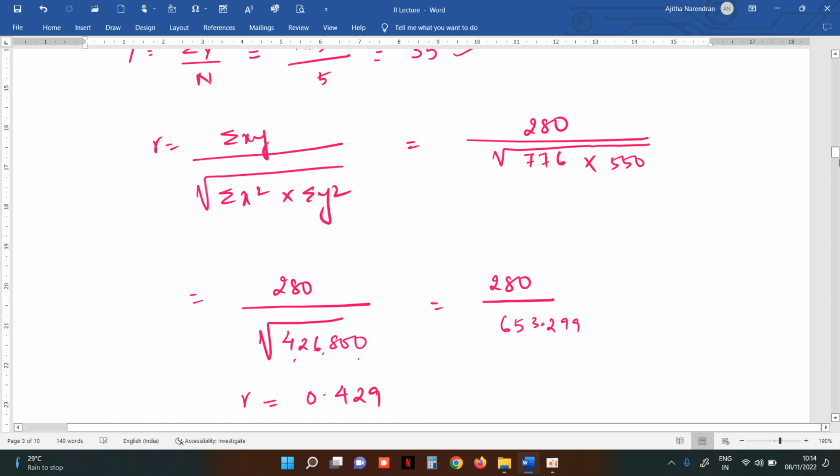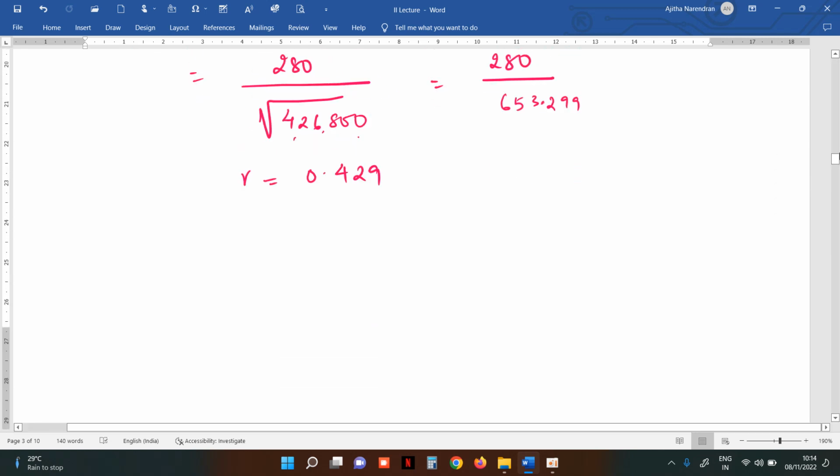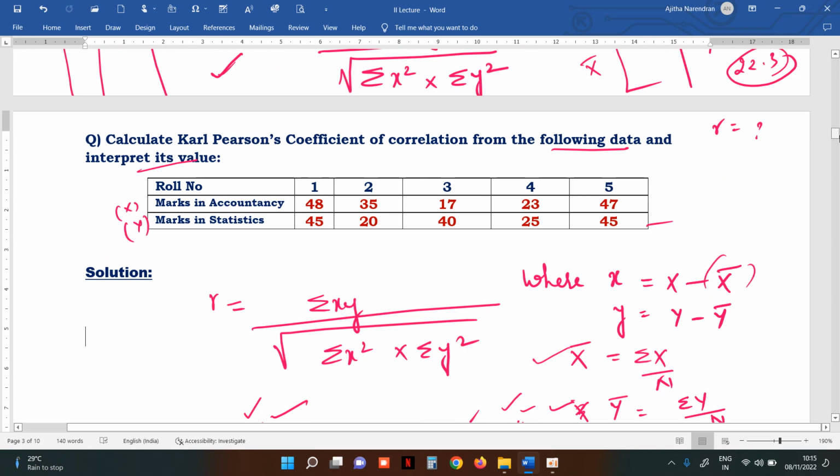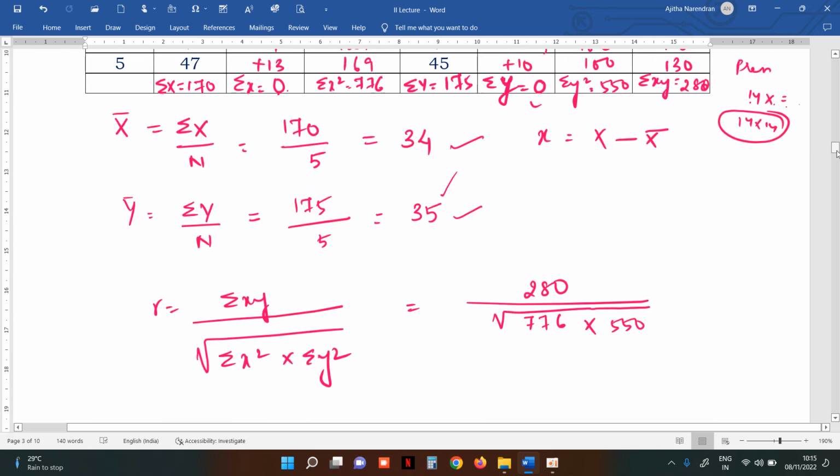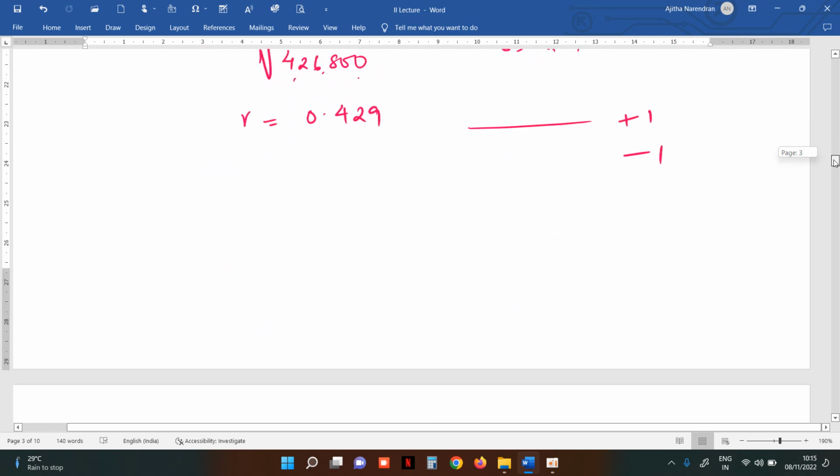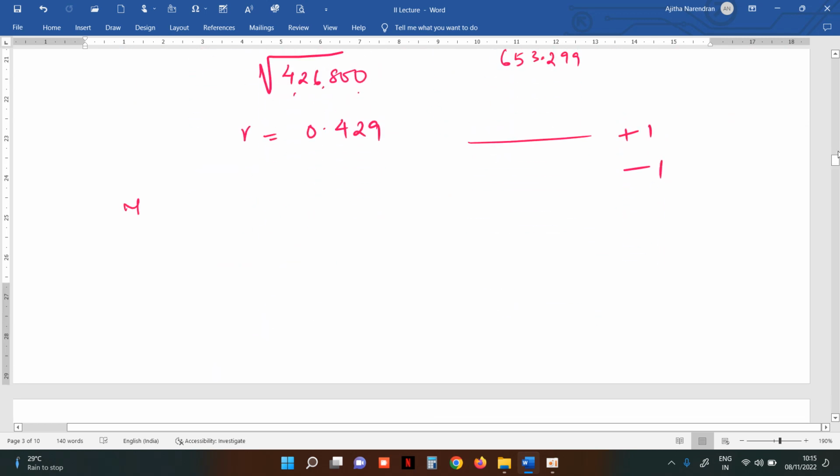You can see that it is an average value, not very near to plus 1, or very near to minus 1. So it is an average picture. We are not going to write high degree or low degree. Since it is average, what you are going to write is that there is positive correlation. The question asks about marks in accountancy and marks in statistics. So what conclusion are you going to write? The answer is in plus.